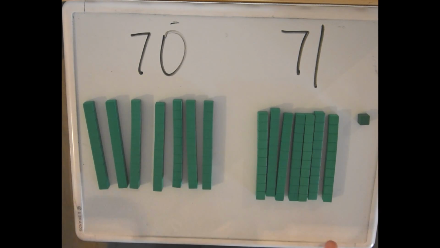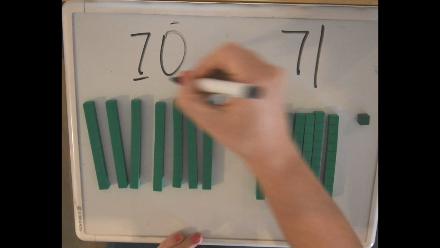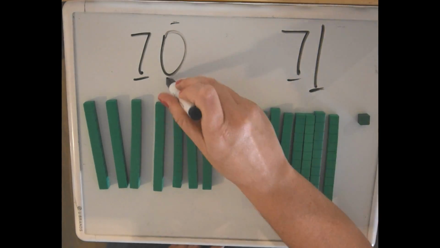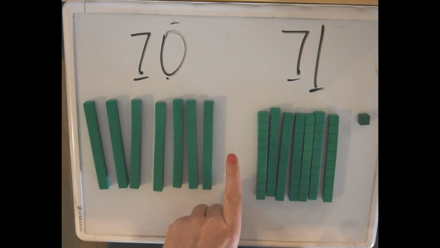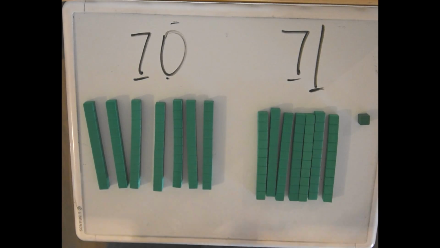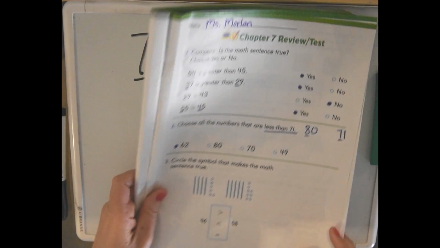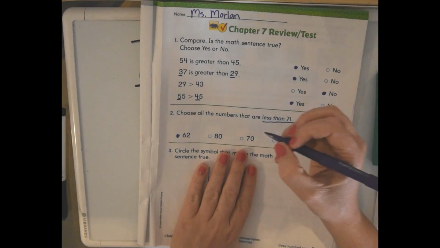Okay, so we can't look at the tens place, right? They have the same amount. We have to then look at the ones place. Well, 70 has 0 ones. It doesn't have any ones at all. And 71 has 1 one. So that means that 70 is less than, because it has less amount of ones. Okay, so 70 is less than 71.